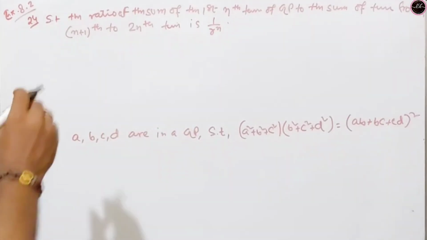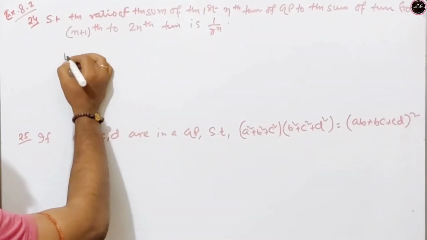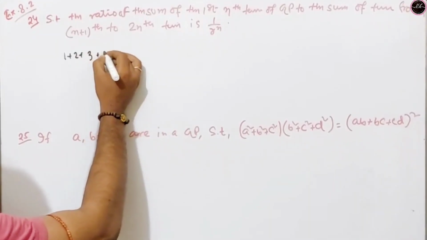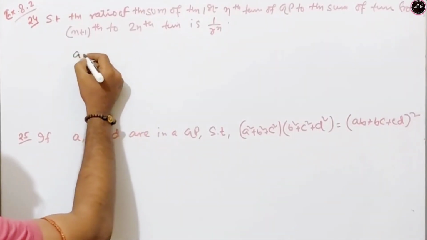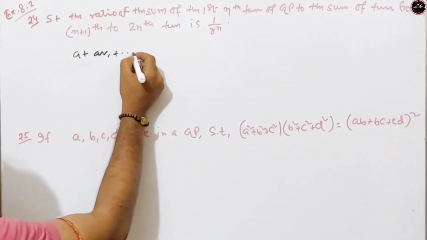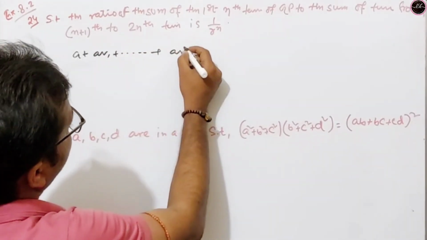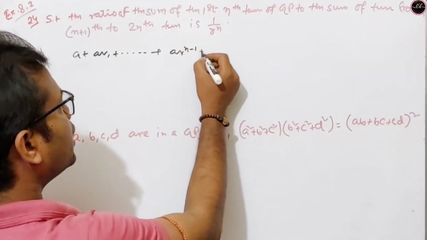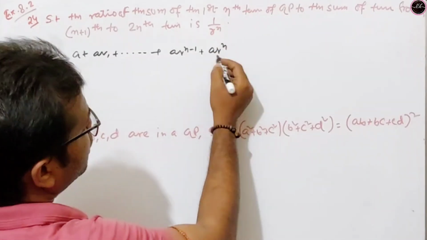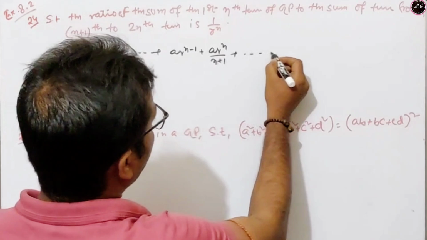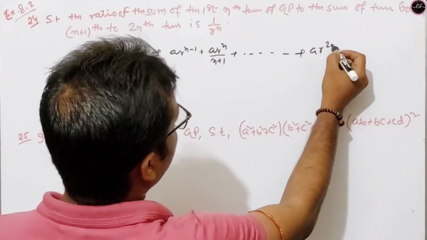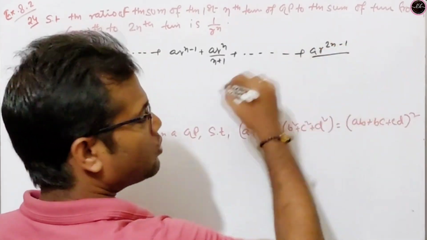Just look here: A plus AR plus up to AR to the power n minus 1. Then AR to the power n, this is the n plus 1 term, plus up to AR to the power 2n minus 1, this is the 2n term.